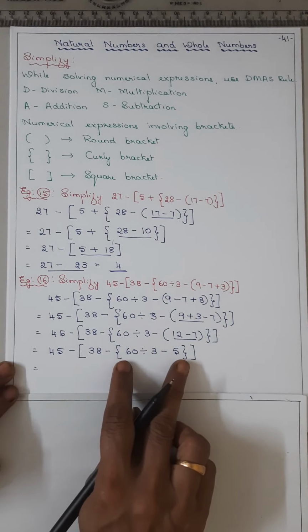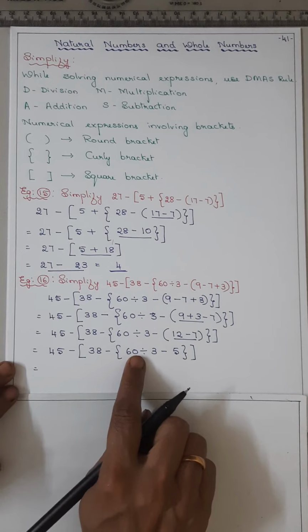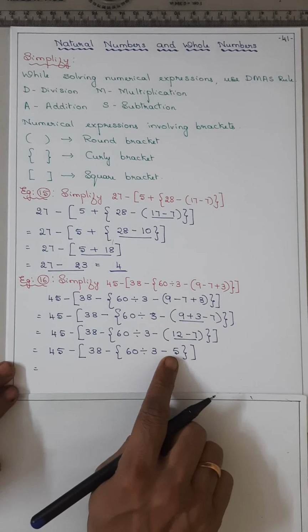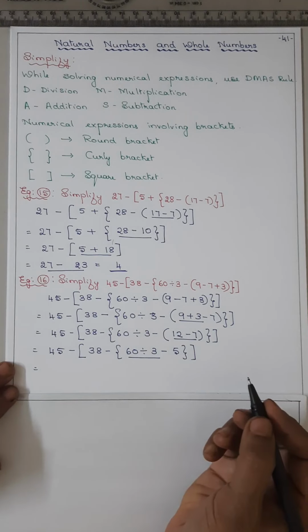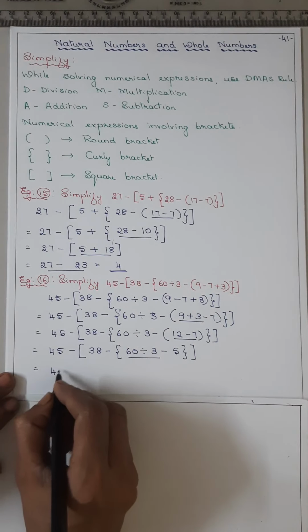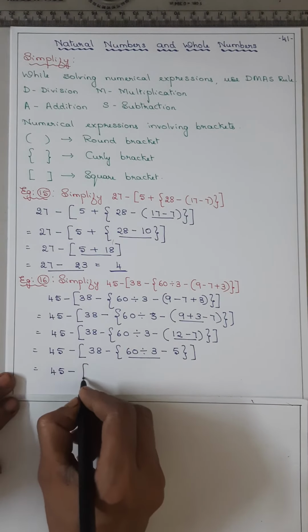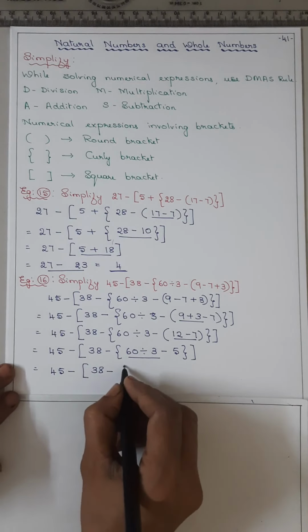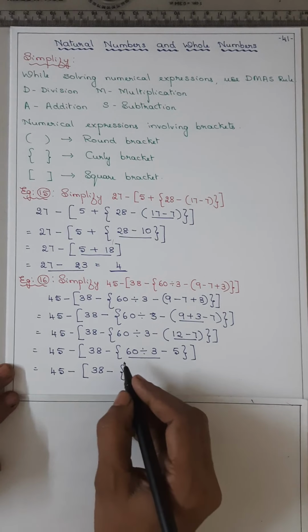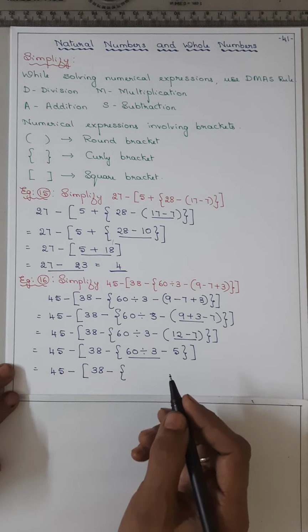Now within the curly bracket, it is division and subtraction. So according to the DMAS rule, first it is division. Underline that. So 45 minus bracket 38 minus curly bracket 60 divided by 3.